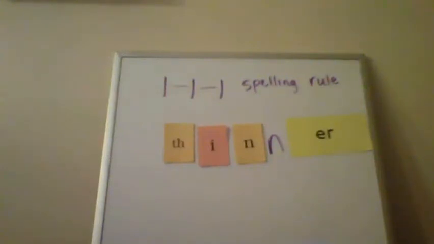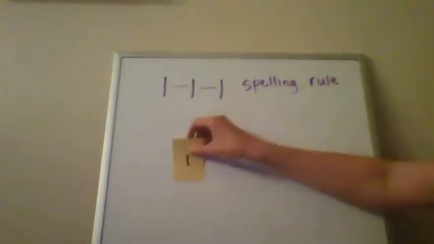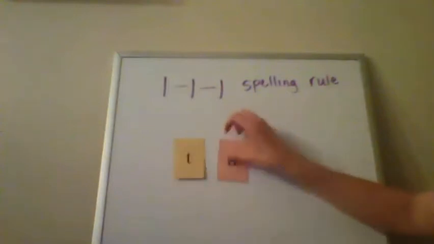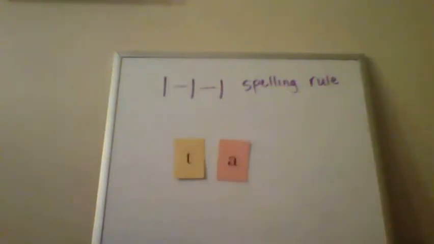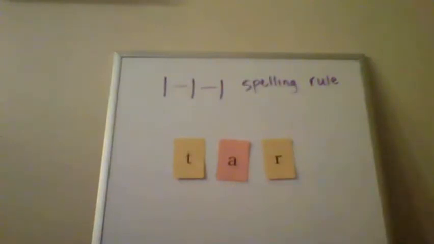Now let's work with some R-controlled syllables. We're going to build a different word. The word that we're going to build is T-A-R, tar.